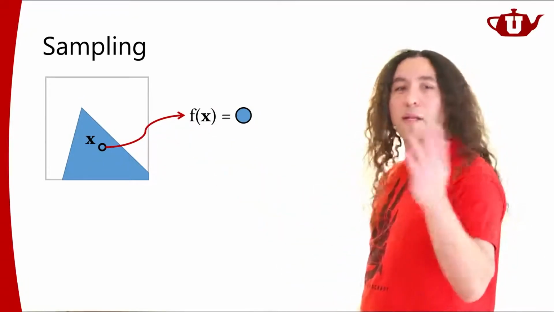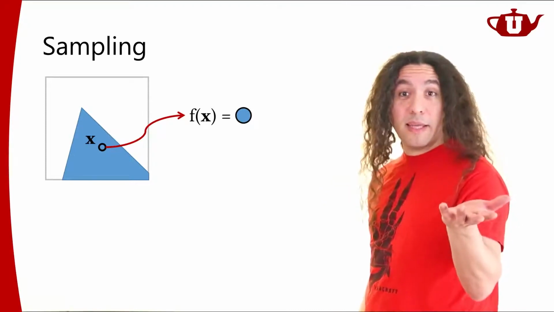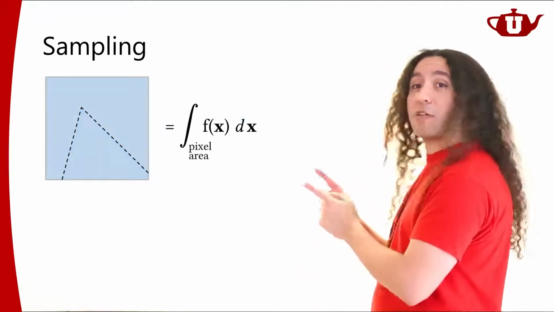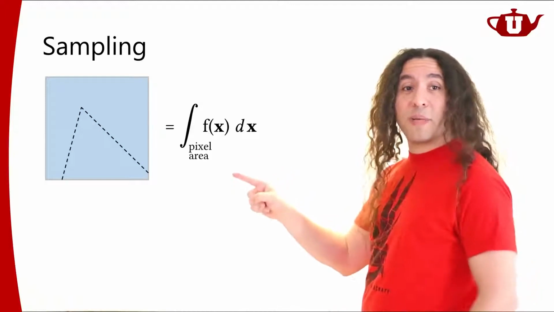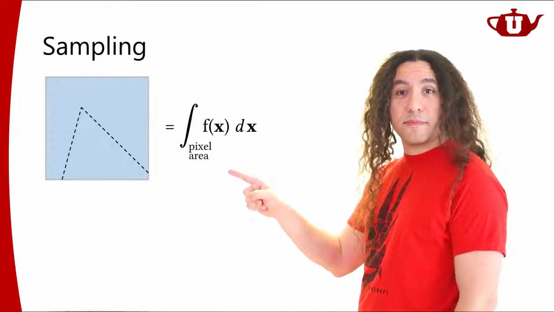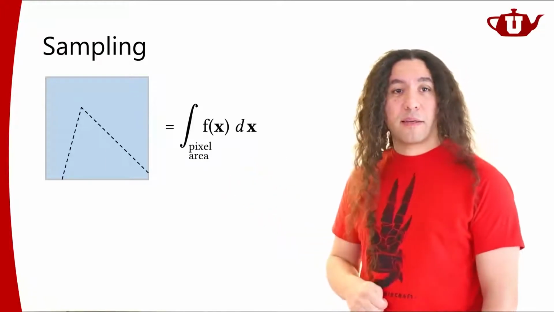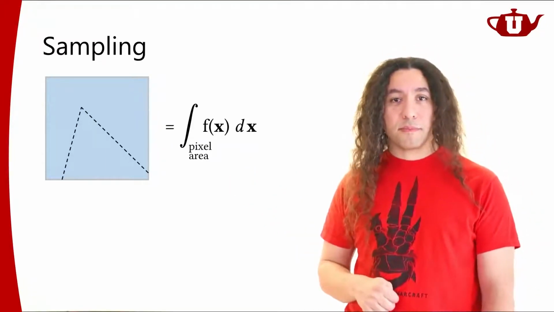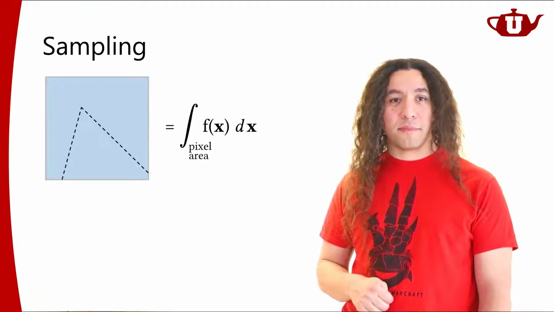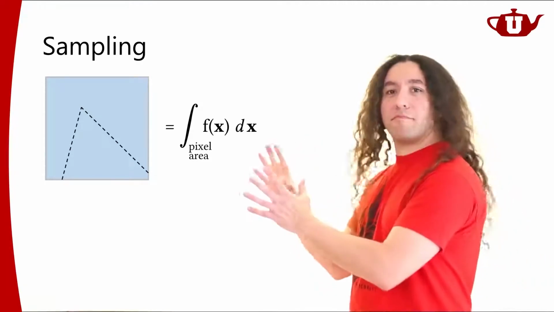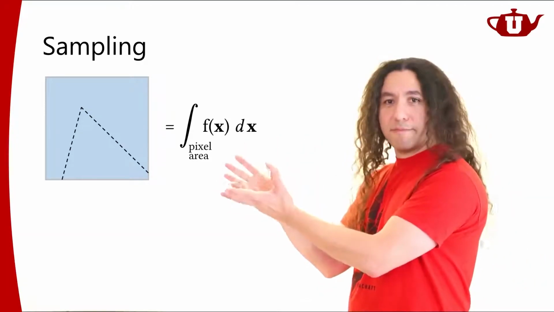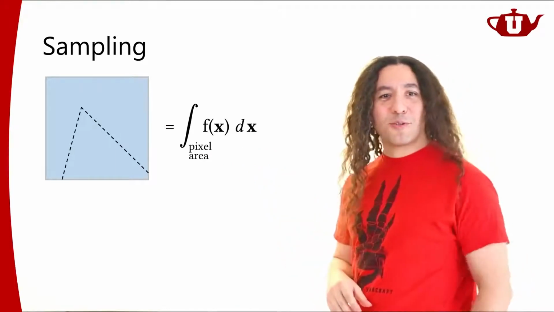So what I'm trying to say mathematically is that if I take an integral of this function over this pixel area, the result of this integral is going to give me the color of this pixel. That's what an integral means.